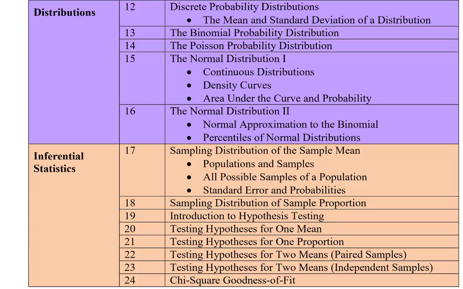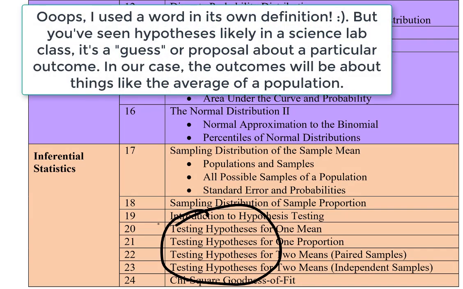So you see, a lot of these lessons are called testing hypotheses. And a hypothesis, loosely put, is: I'm going to hypothesize that at least 50% of the population is going to vote for this particular candidate. All right?